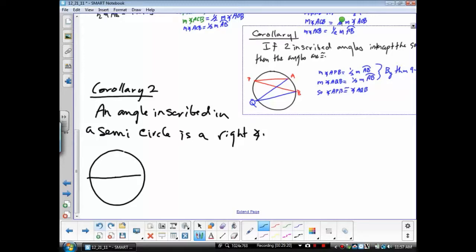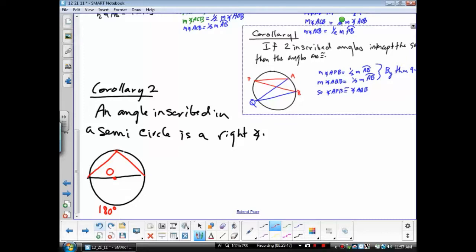So, here's my center O, if I put an angle inscribed in a semicircle, tell me what is the measure of a semicircle? 180. This is 180 degrees. And that is an inscribed angle that intercepts the arc that is 180.